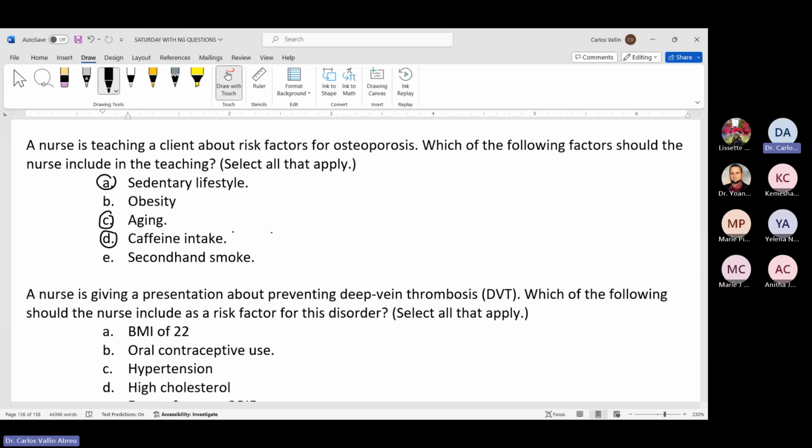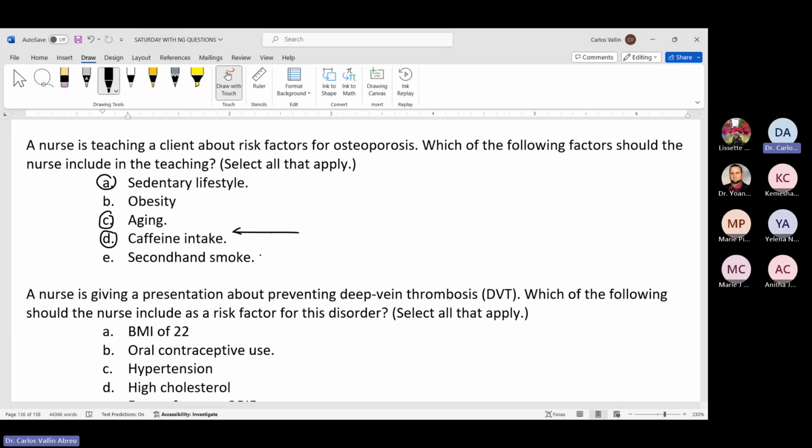But this is the comment that I can share with you after reviewing the literature: only high caffeine consumers relate that with osteoporosis. Secondhand smoke is not a risk factor. Smoking is a risk factor of osteoporosis.